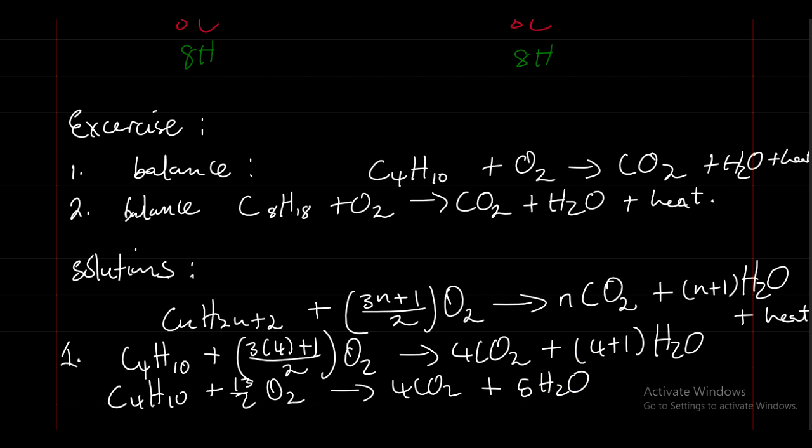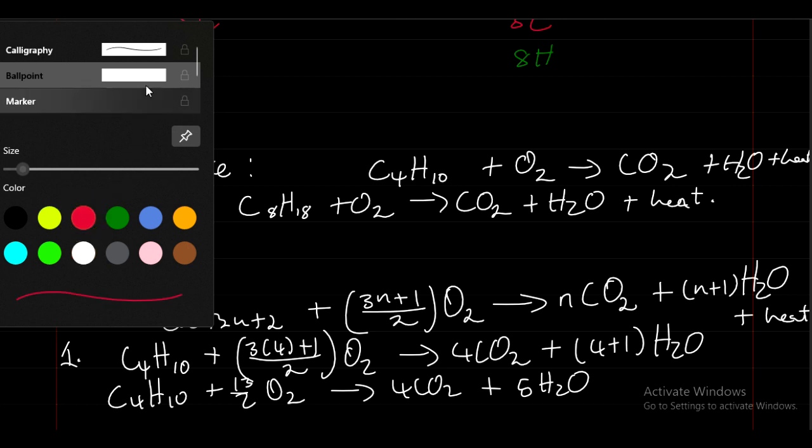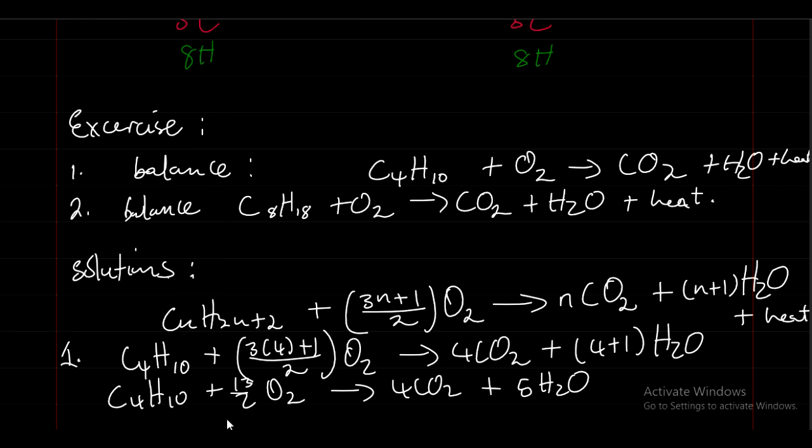Notice that we don't want to have fractions in our balanced equation. So we must multiply everything by 2, because there's a divisor of 2.